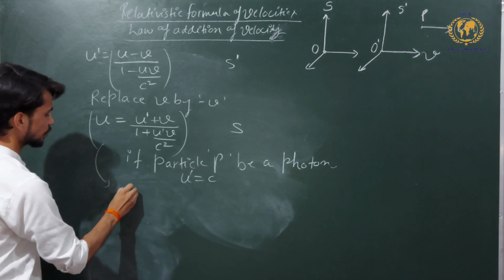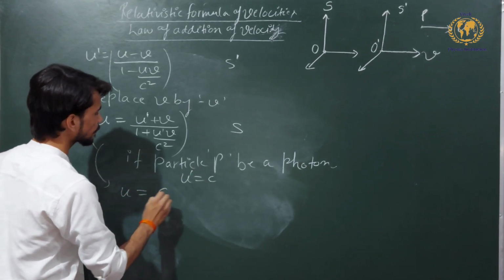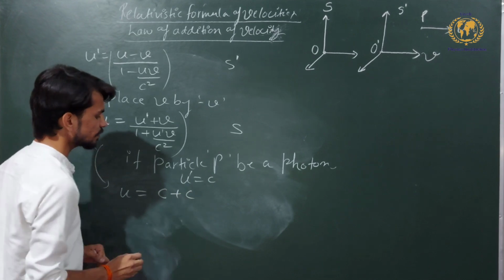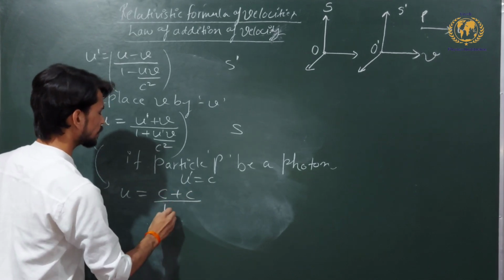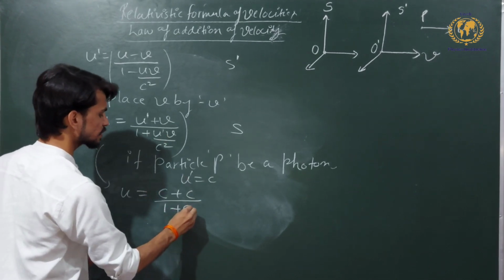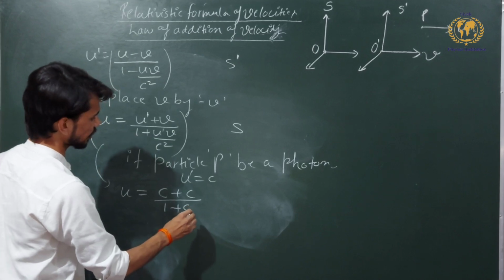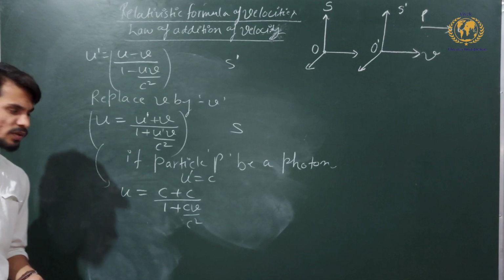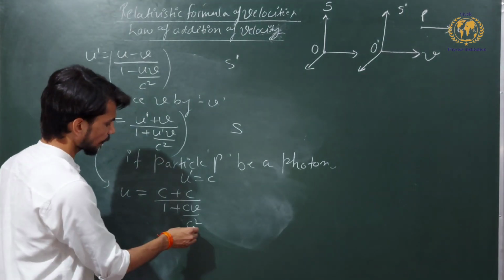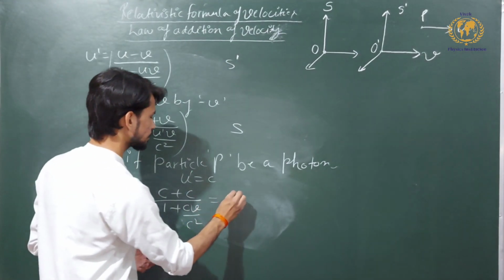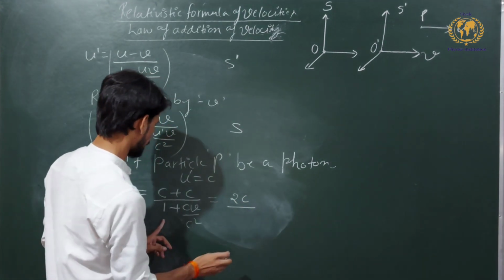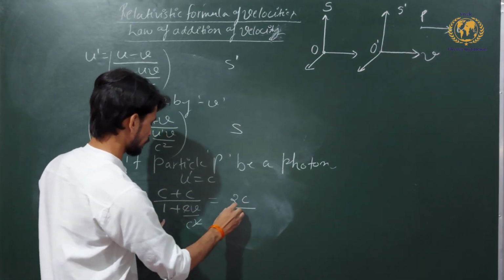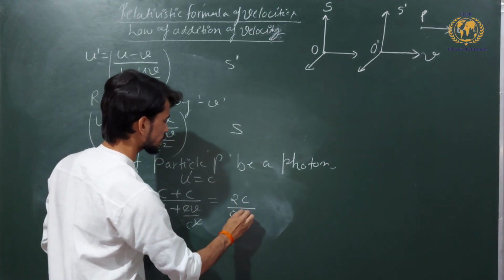So u dash equals c plus c divided by 1 plus, again c and again this is v, divided by c square. In that case, you can check here this is 2c divided by c plus v. Okay, this is c plus v here.